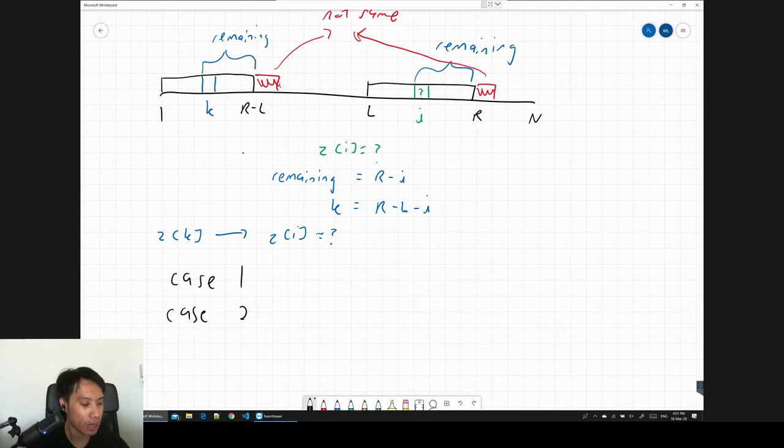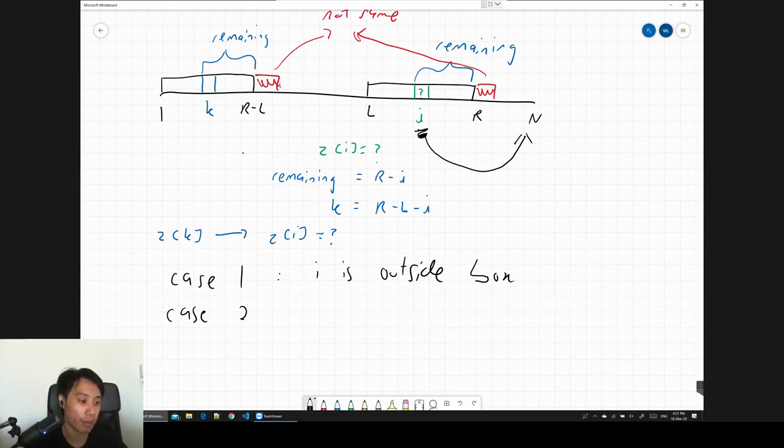Case 1 actually occurs when I is outside the box. What do I mean when I say I is outside the box? In my example here, imagine my I itself is outside my box.